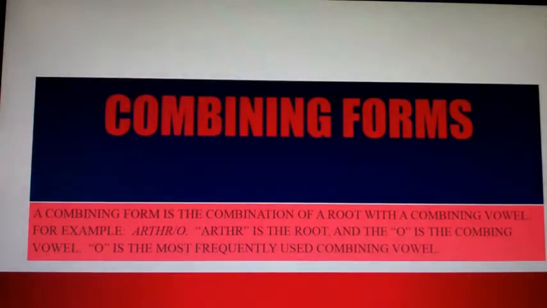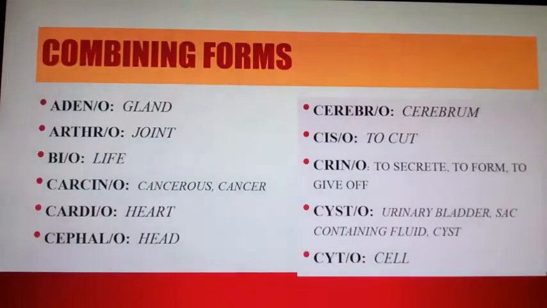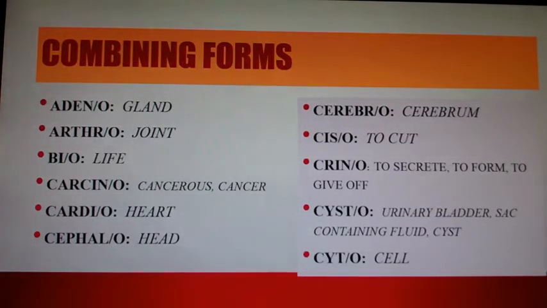Combining forms. A combining form is the combination of a root with a combining vowel. For example, arthro. Arthr is the root and the O is the combining vowel. O is the most frequently used combining vowel. Combining forms.